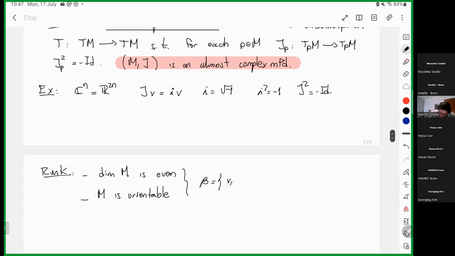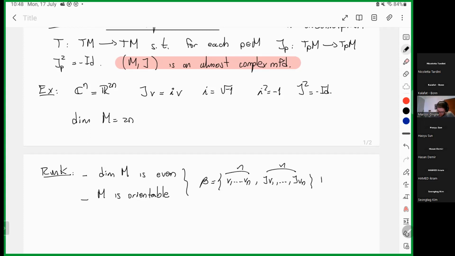So let's say some vectors and then J of them. So here N, so 2N, let's say the dimension of M equal to 2N, right? So we can always find a basis of this form in our manifold.